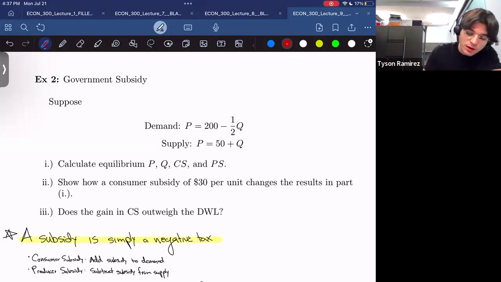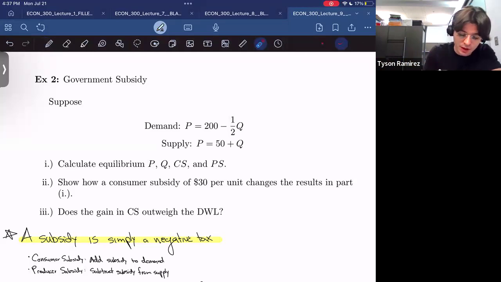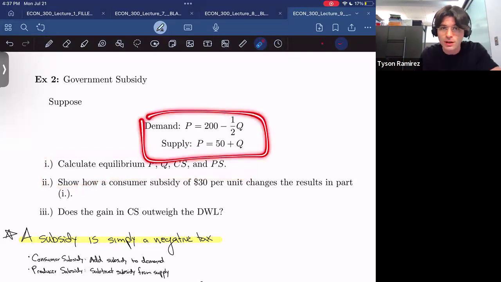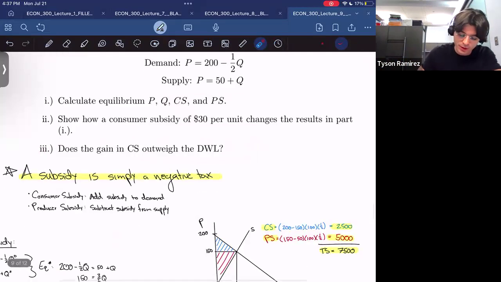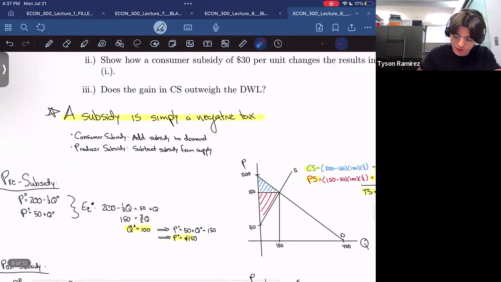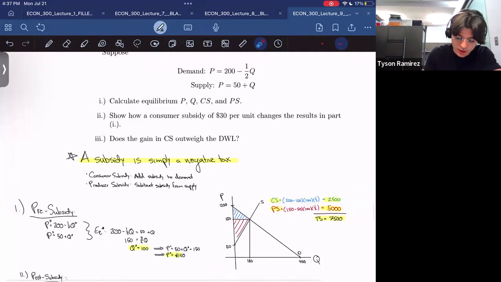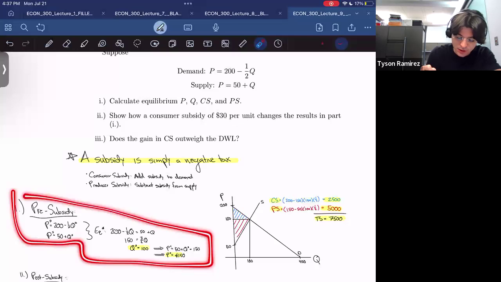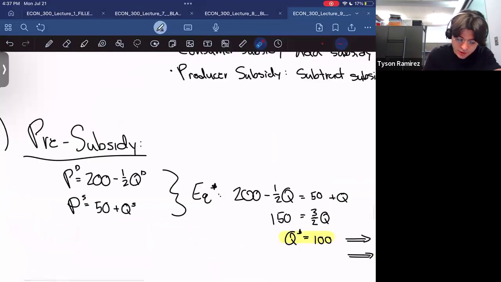Just like we did in the last example, before anything happens, to calculate equilibrium, we just set demand equal to supply and solve. And that part was pretty easy. So you set demand equal to supply, get these two equations.